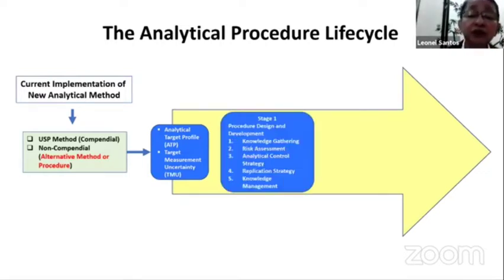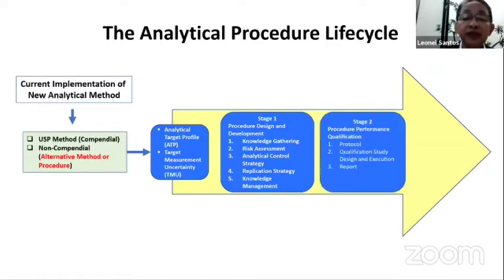These two parameters are consistently the standard in the 3 stages of the procedure life cycle, starting with stage 1, which is procedure design and development, having 5 different elements. Stage 2, which is procedure performance qualification, having 3 elements.